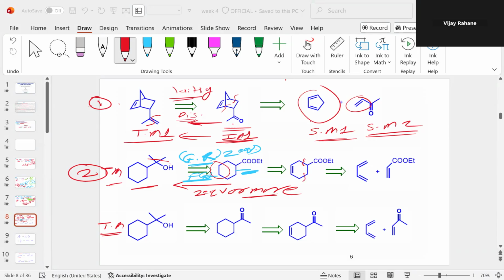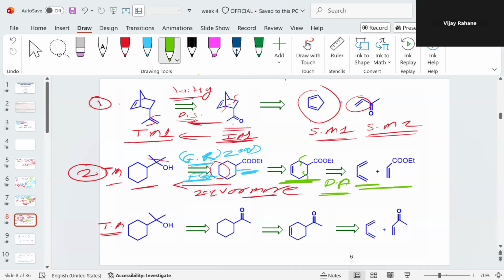So this can be achieved from this starting material. Now, how can the starting material be achieved further? We can break down this molecule further by disconnection, from the Diels-Alder reactions. So these are the starting materials for the Diels-Alder reaction.